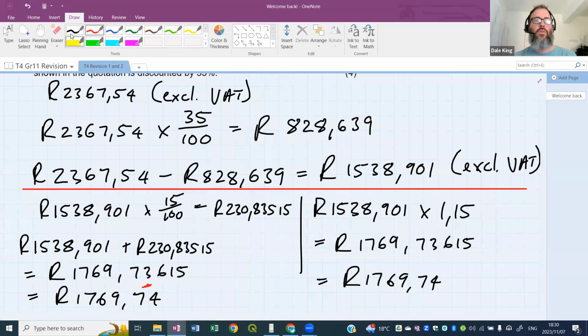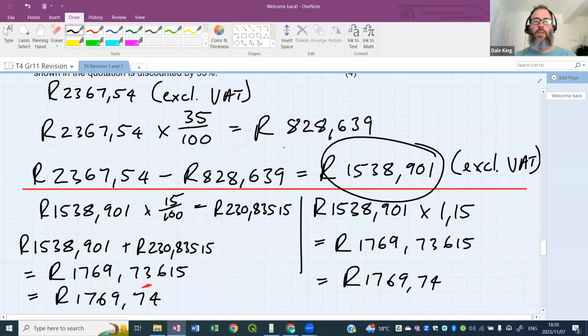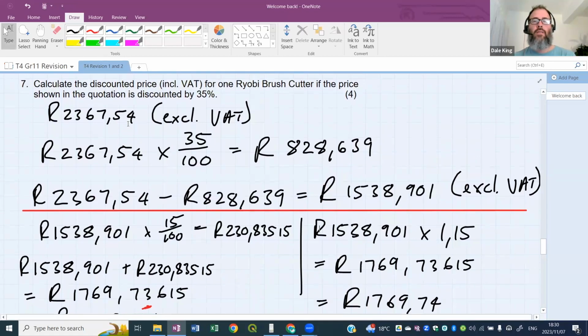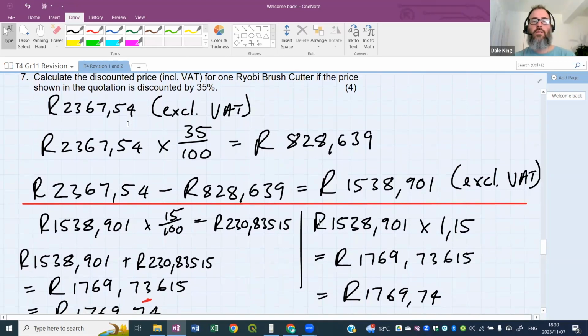Just check. You're showing that, Fatima. I see now. You just haven't added the VAT on at the end. So you're on the money here with your answer, but you just hadn't added the VAT on at the end, because the question says they want a VAT included price. So you were halfway there. Well done, Fatima, halfway there.